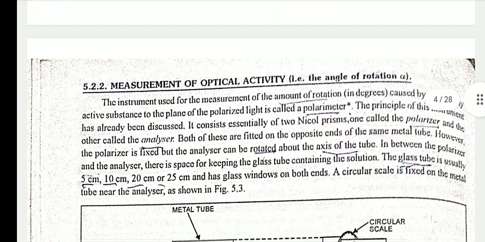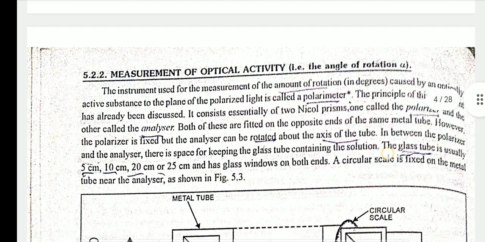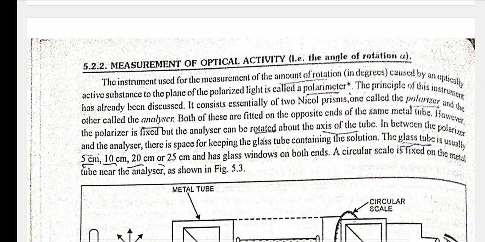Measurement of optical activity, that is, the angle of rotation alpha. The instrument used for the measurement of the amount of rotation caused by an optically active substance to the plane of polarized light is called a polarimeter. The principle of the instrument has already been discussed. It consists essentially of two nicol prisms, one called the polarizer and the other called the analyzer.